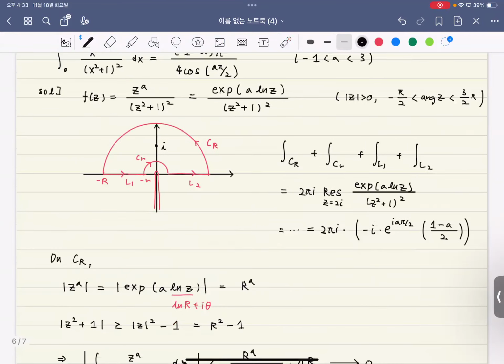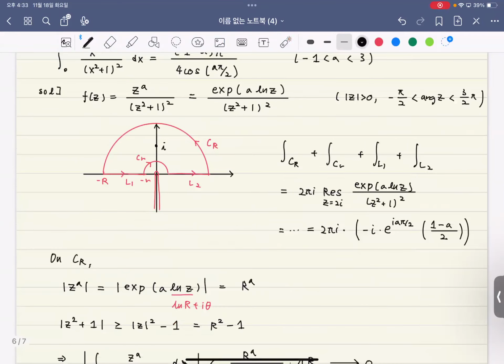Considering this is the integration on the negative real axis, for the positive real axis, the integral over L2 of f(z) dz is easy. This is simply from r to R, but in this case, when your number is on the positive real axis, the argument should be 0. So all the computation just carries over, but this time you won't see any of these factors. This is just t to the a over (t squared plus 1) squared dt.